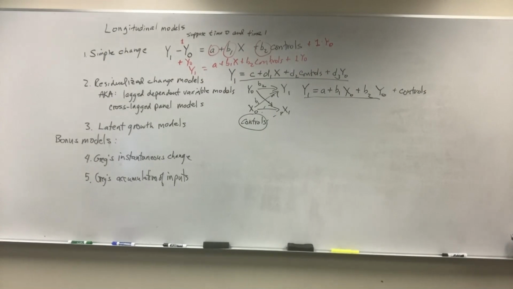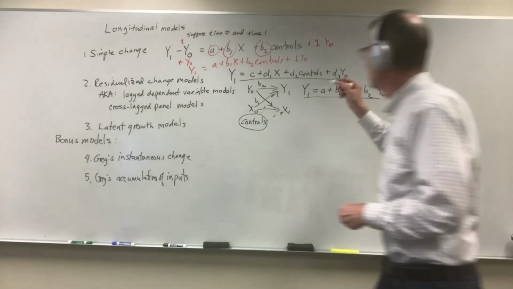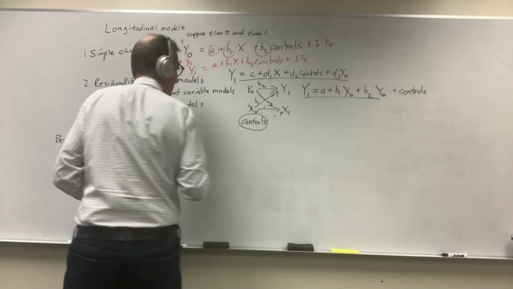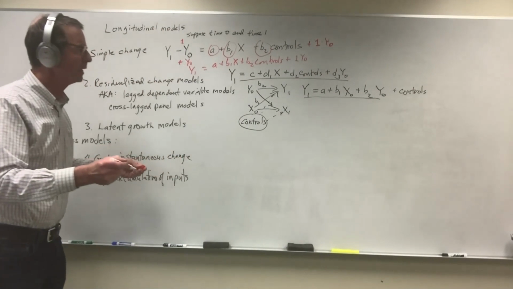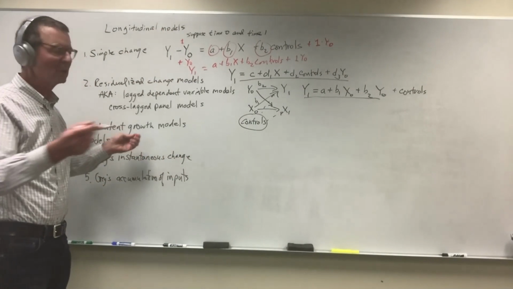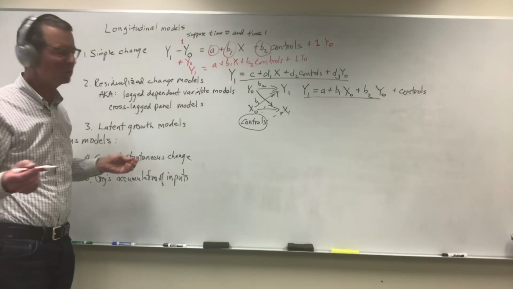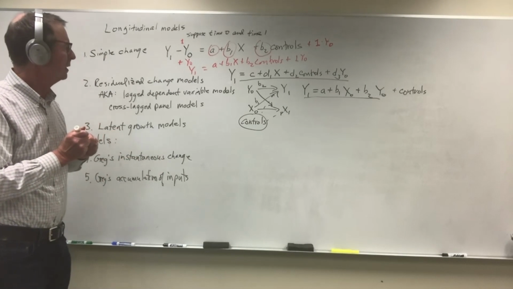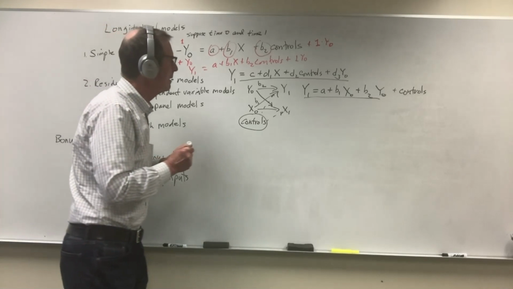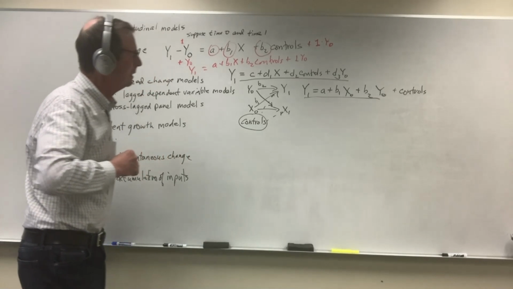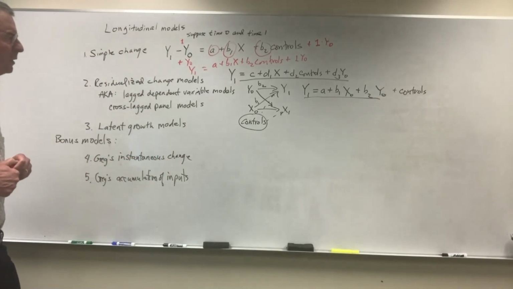All right, so as a practical matter, how would you choose between constraining a coefficient to be 1 or allowing the coefficient to be estimated as part of the regression? There's not a good answer to that.